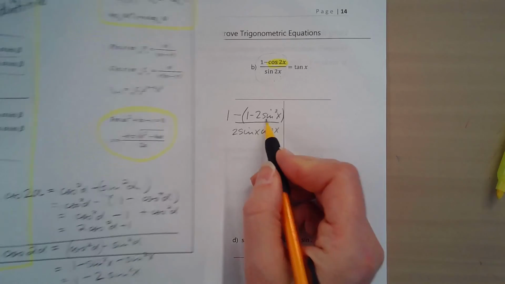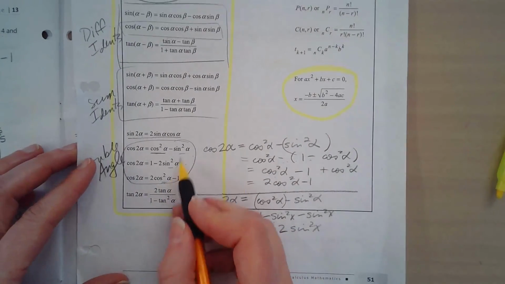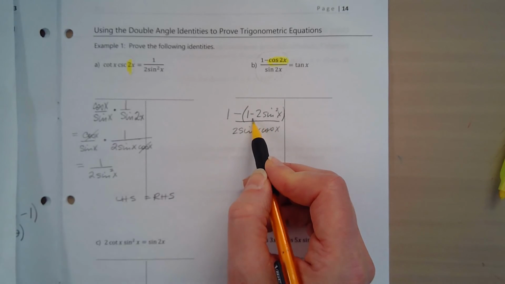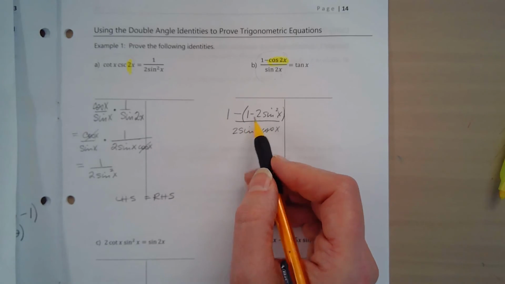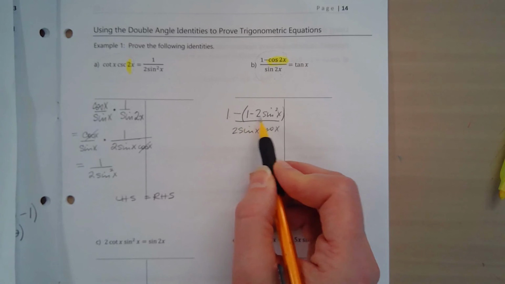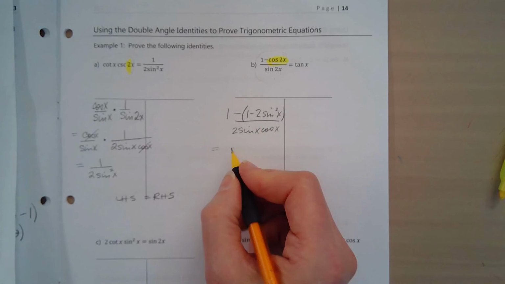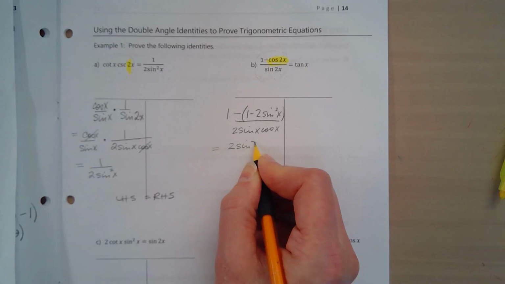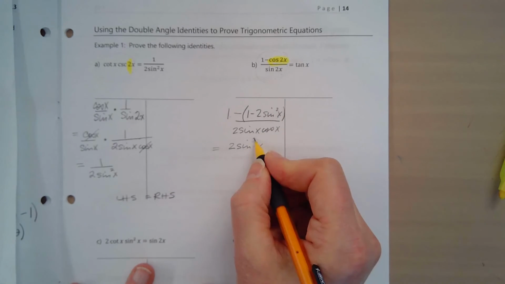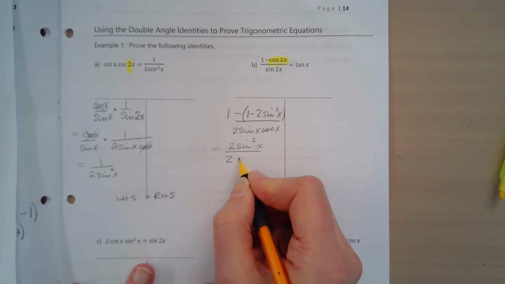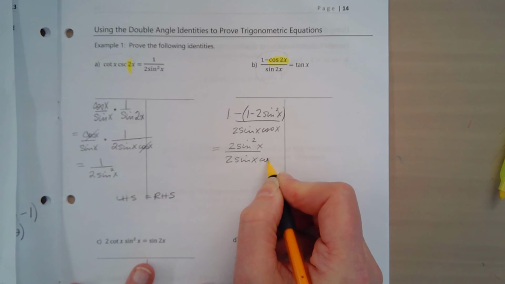You can use one of the others, it'll just take you longer, but this is the only version that will subtract the 1 out right away, right? The other version gives you another 1 in there, so the 1 subtracts out, and you're left with a positive 2 sine squared x over 2 sine x cos x, right?